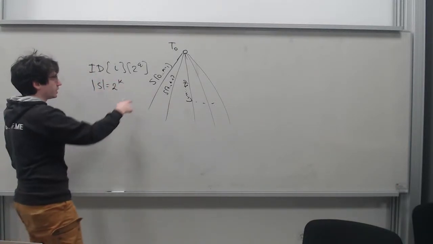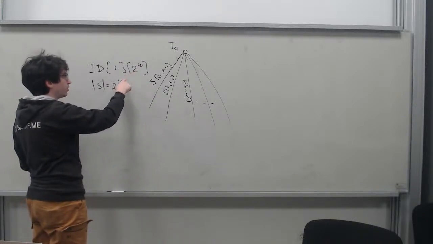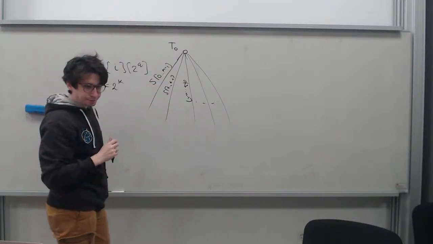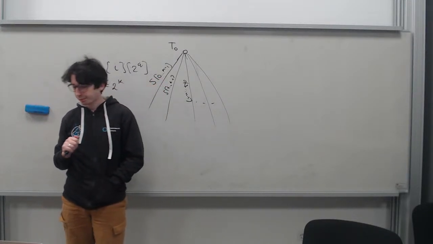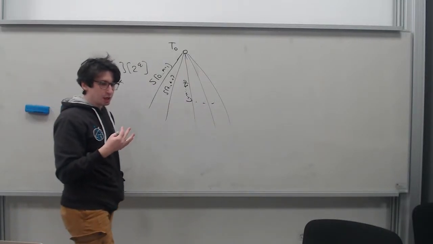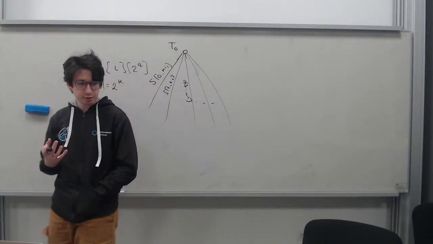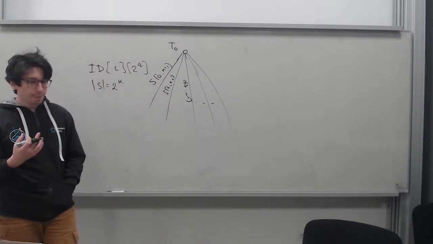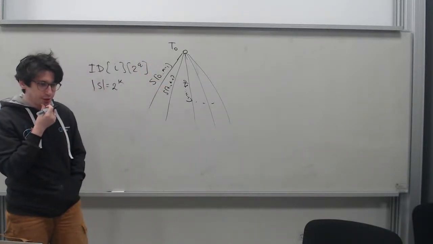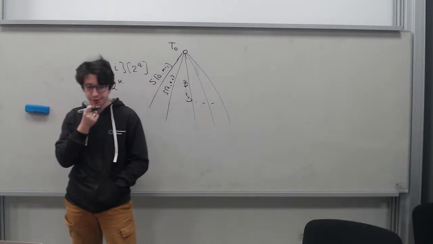This is identifier 0, 2 to the power of k. This is identifier 1, 2 to the power of k, and etc. Since we fix the length of the string, all identifiers will be different, right? So we start with all different identifiers here, because these suffixes are different strings.